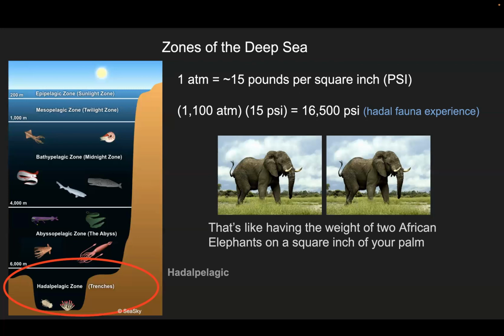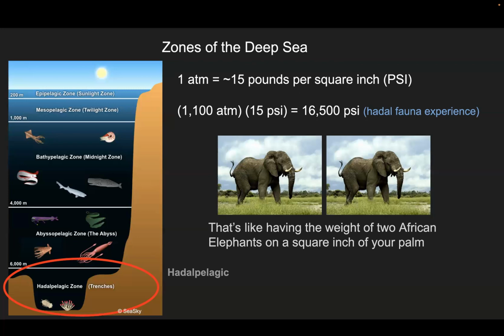16,500 psi. So everybody stick out your hand so that the palm of your hand is facing up. Now visualize about a square inch on that palm. Now visualize 2 adult male African elephants standing on that square inch of your palm.